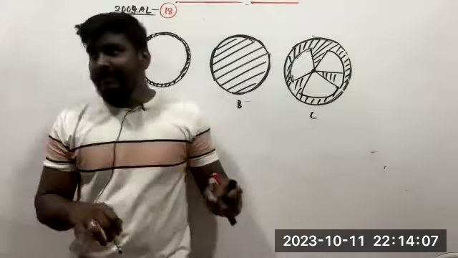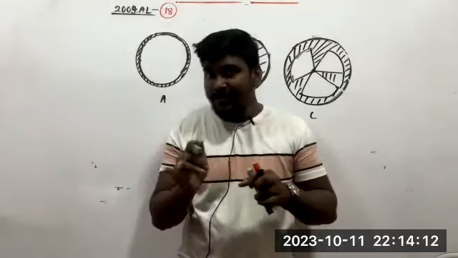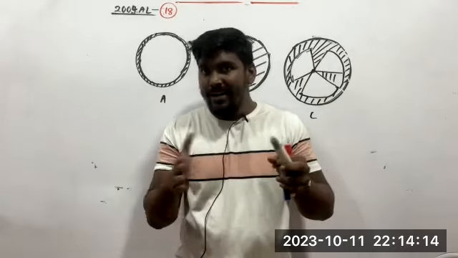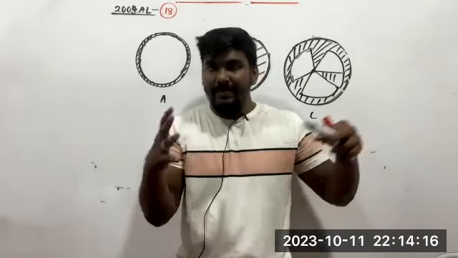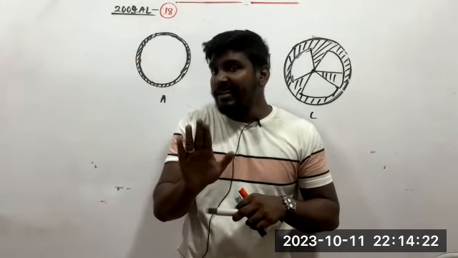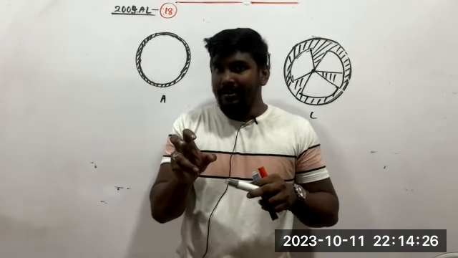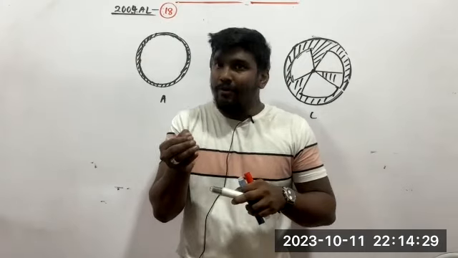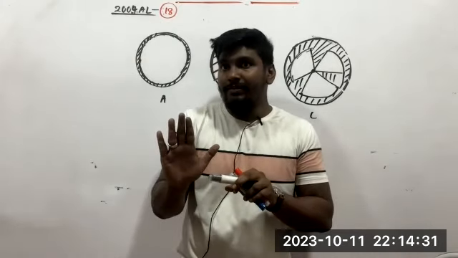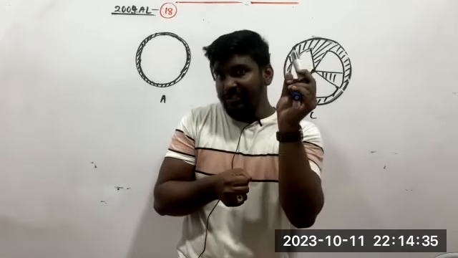The interesting thing is talking about A, B, and C. All those three objects have the same mass. They have the same radius, and the same radius means the same dimension. But the thing is, mass distribution is different. You know why? The idea regarding mass distribution is from the axis of rotation.